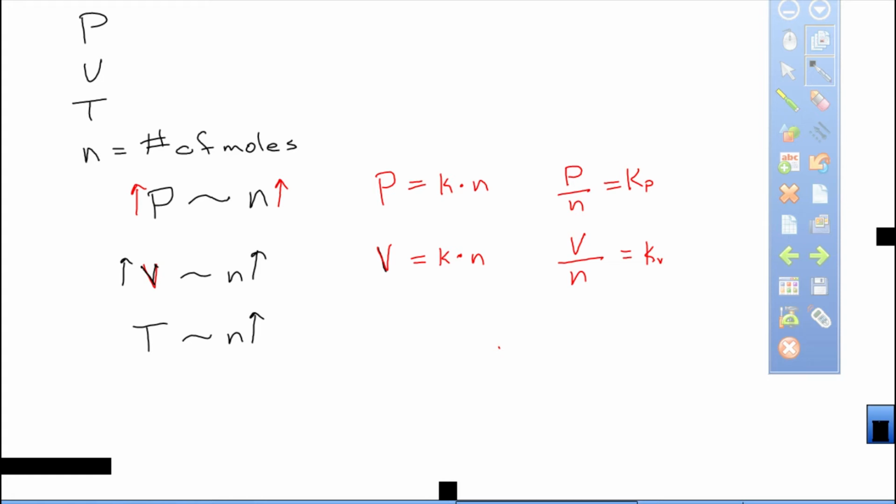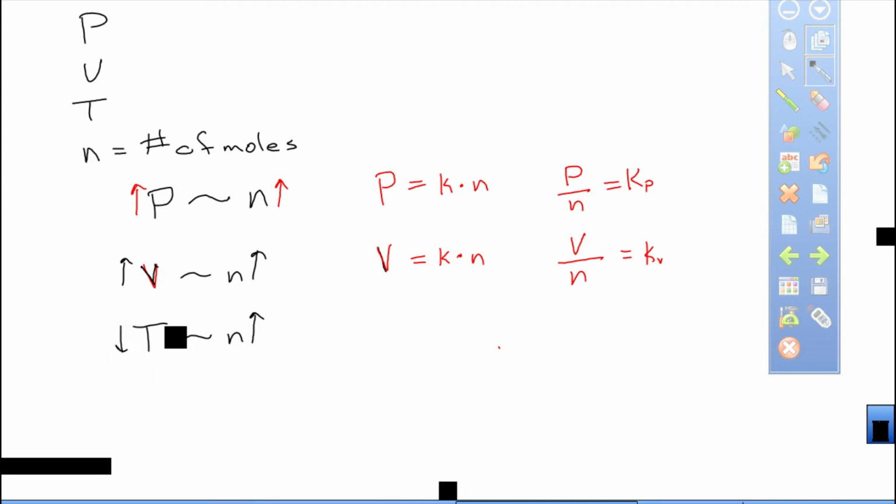Even though we're adding more molecules, the atoms need to slow down so that they're not colliding as often with the side, in other words, increasing the pressure. Our volume's not going to increase, so just by adding moles, we would think it would increase in pressure. So we have to stop the number of collisions, and the only way to stop the number of collisions is to slow down the molecules.